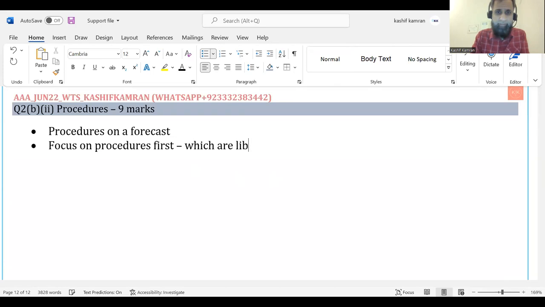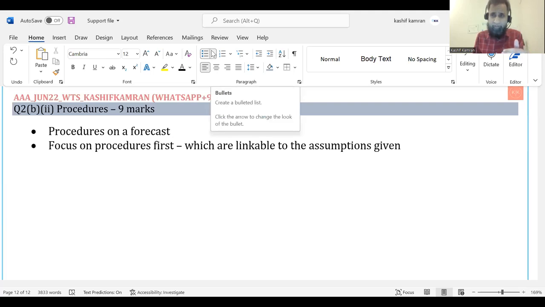which are linkable to the assumptions given. So try to link the procedures first on the assumptions given. Convert the assumptions to procedures.